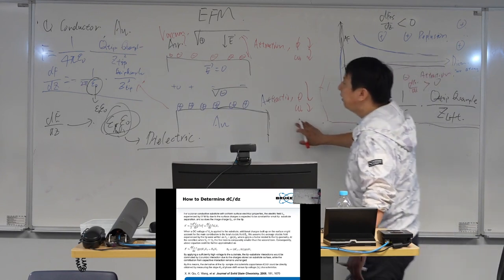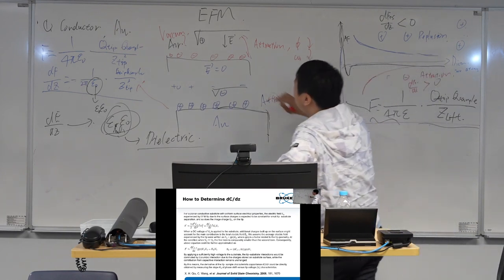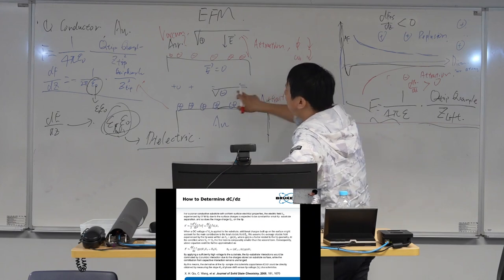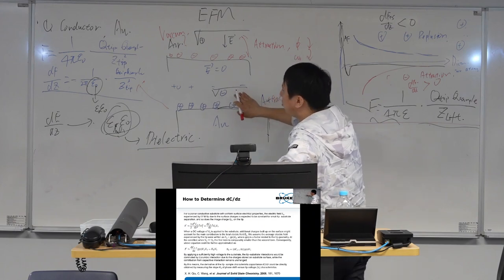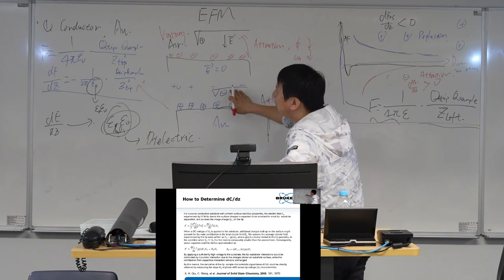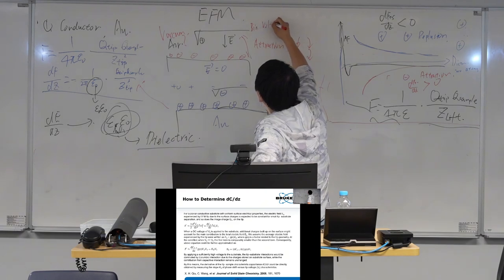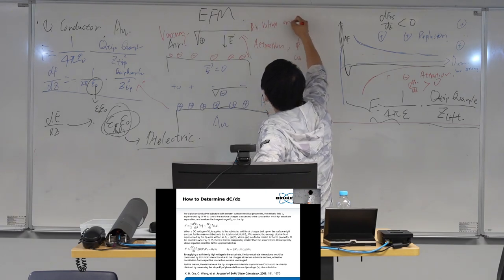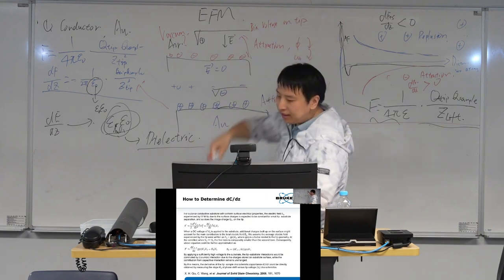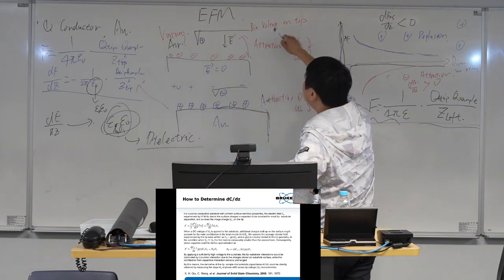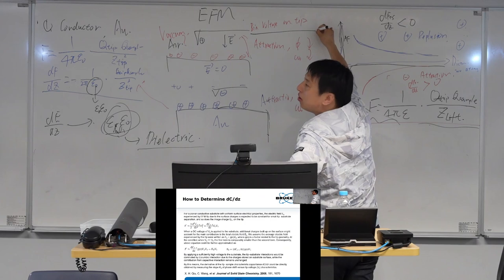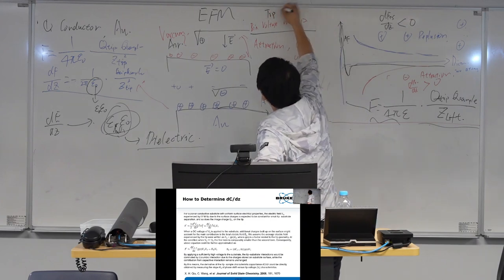So we can control the quantity of charge on the tip by changing the bias voltage on the tip. In AFM, this parameter is called tip bias.